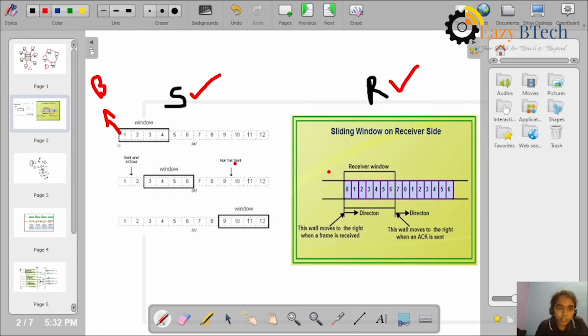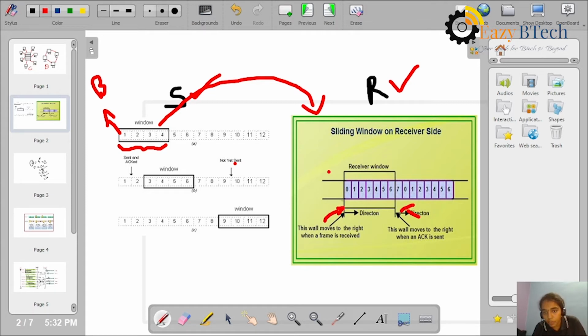The first 4 frames I am sending. Here, whenever the frames are received by the receiver, we have sliding window directions. Let us observe the directions here.